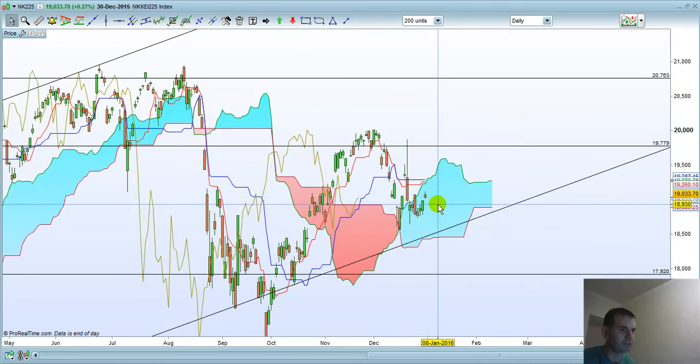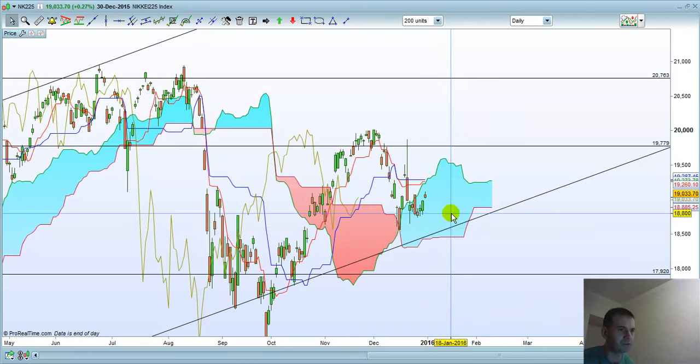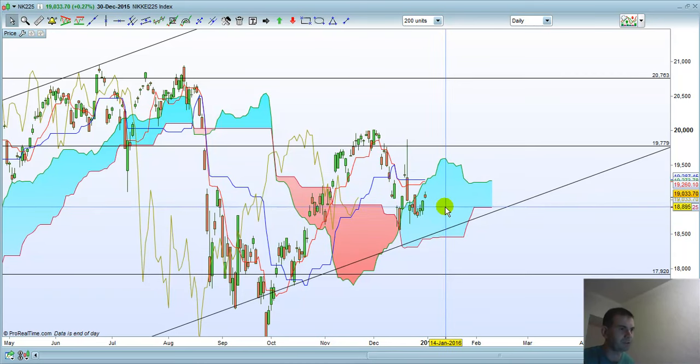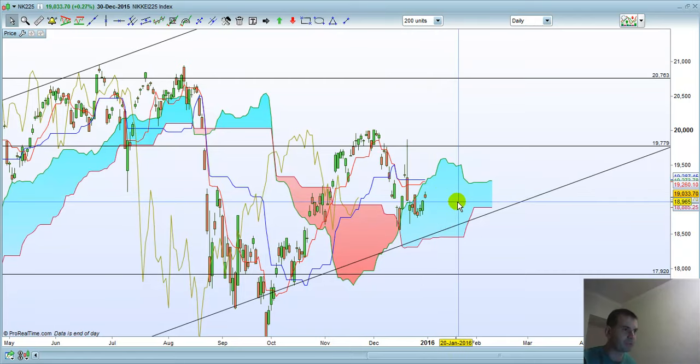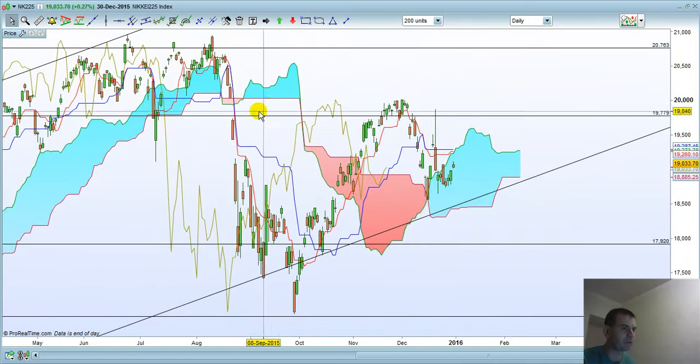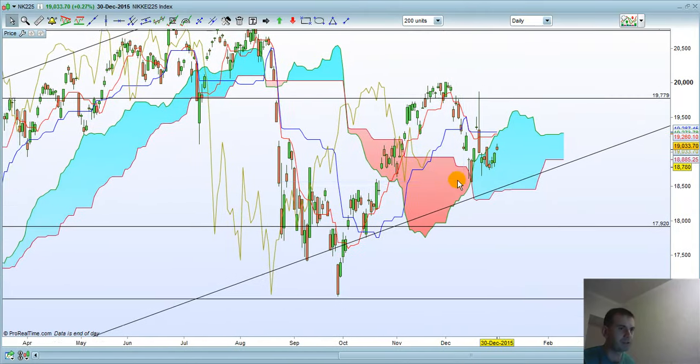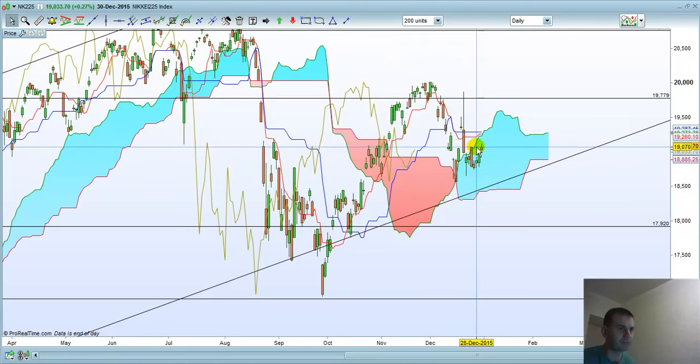Now the price is within the cloud, and it indicates that the decisions of market participants are quite indefinite. But the overall trend in the market is bullish, as we can see here. But I repeat that the price is within the cloud. Tenkan-sen line is under the Kijun-sen line.